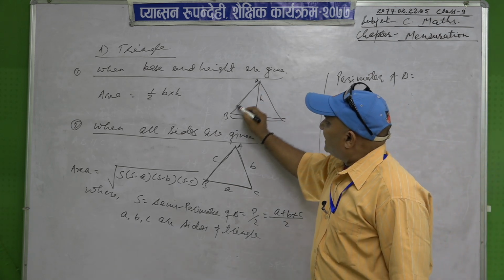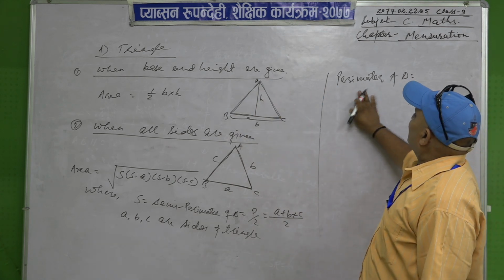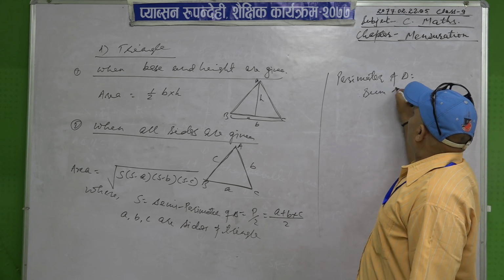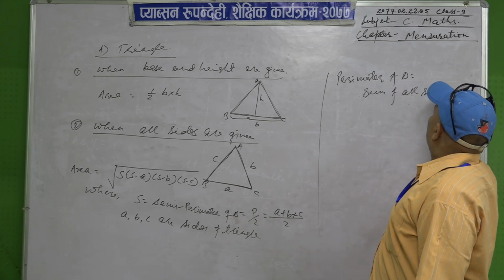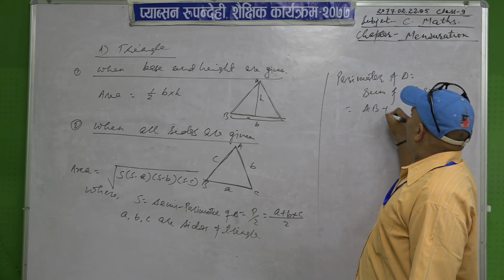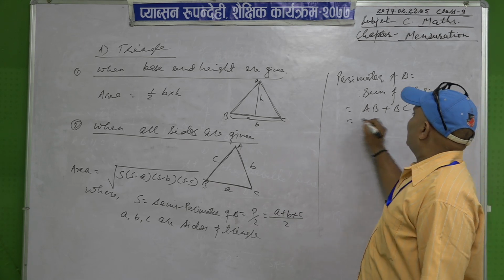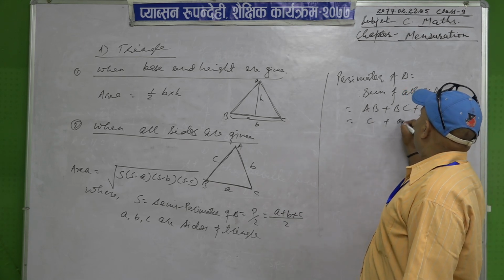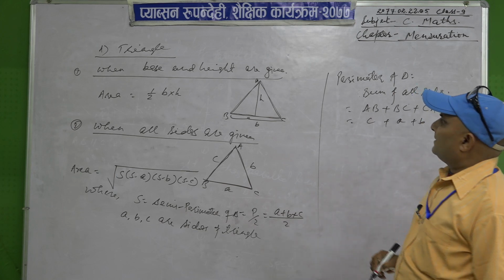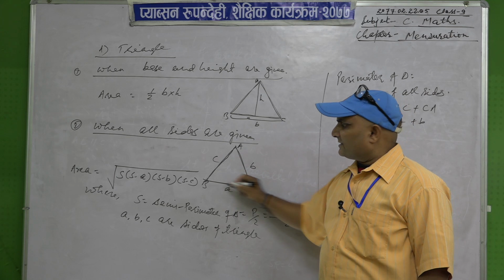Sum of this side plus this side plus this side, means the sum of all sides, that is AB plus BC plus CA. This is the perimeter. If we have to find out the perimeter, we add these three.